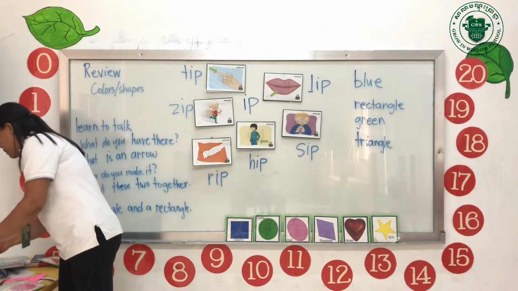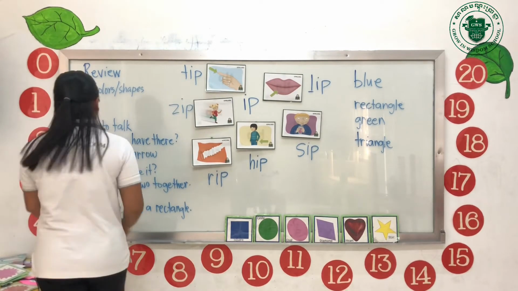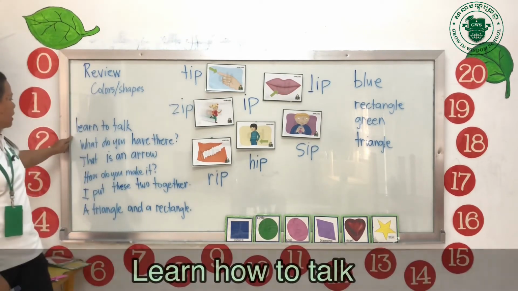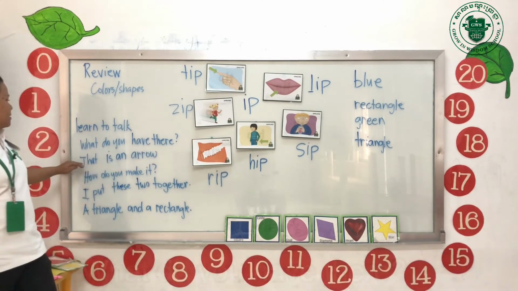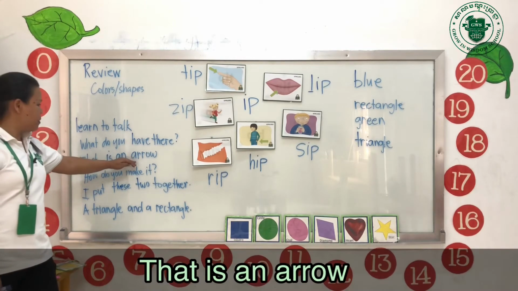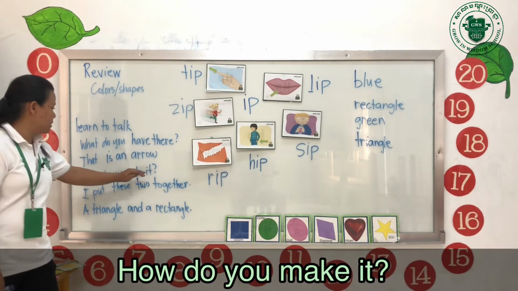Okay, now let's learn how to talk. What do you have there? That is an arrow. How do you make it?